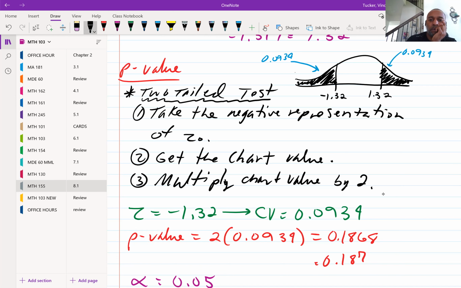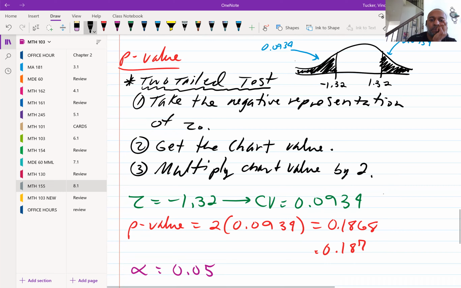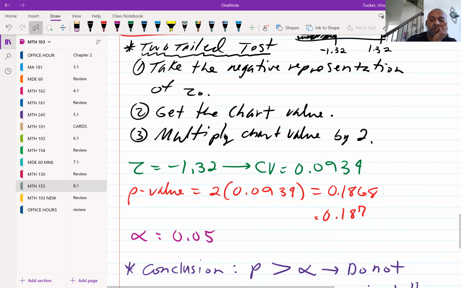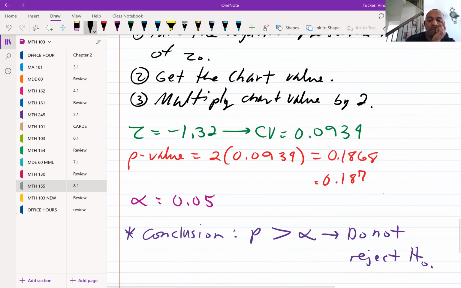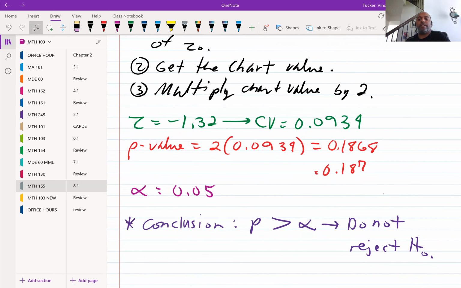All right, can we scroll up some? All right. So once again, alpha 0.05, it was given. And then we do our conclusion. If the p-value is less than alpha, you reject it.